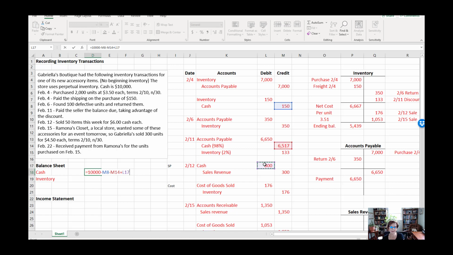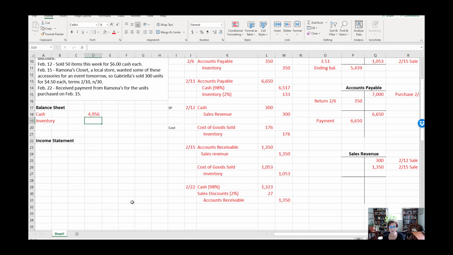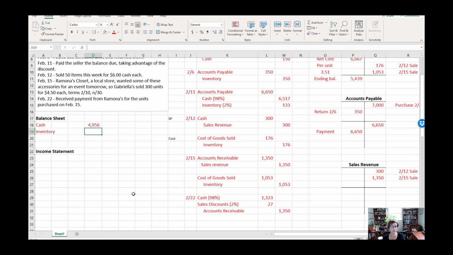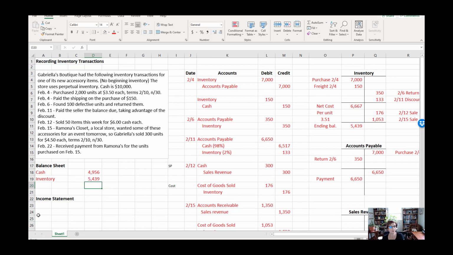Plus, here's a debit to cash, 300. Plus another debit to cash, 1323. All right, so we end up with cash of 4956. Our inventory is 5439. Let me move these down because I want to remind you where this goes on our balance sheet. This is under current assets on our balance sheet, okay? So we have cash and we have inventory.